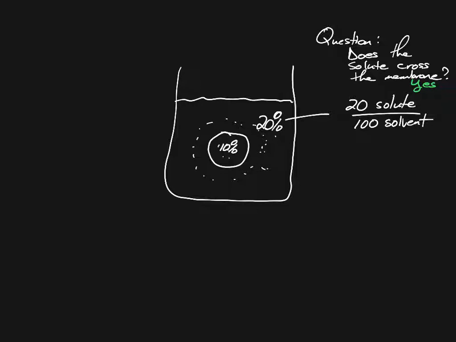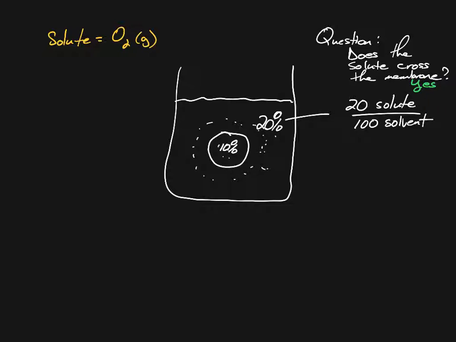How would you know? Somebody would have to tell you. But here's a funny thing: they don't have to tell you that it crosses the membrane. Here's what they do on the state exam, and this is what I'll do on my test. I'm telling you right now. I'll say, hey, the solute is oxygen gas.